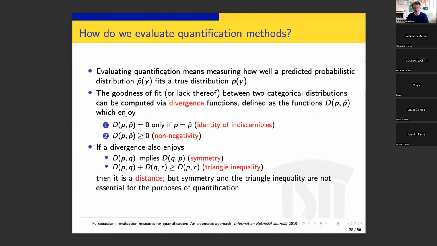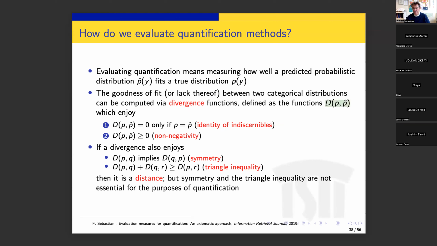They measure the divergence, how a predicted probability distribution differs from the true distribution it was meant to approximate. Indeed, in mathematics there are functions called exactly divergence functions. A divergence function has two parameters, which are two probability distributions, and it measures the divergence, the difference, the distance, between them.